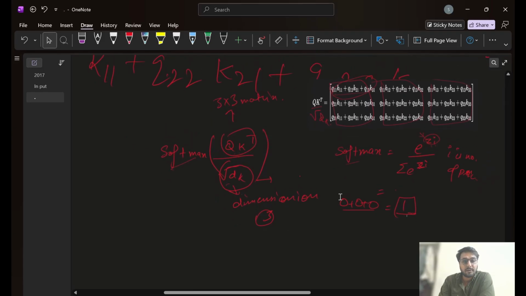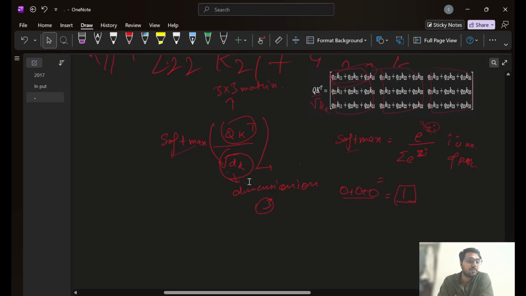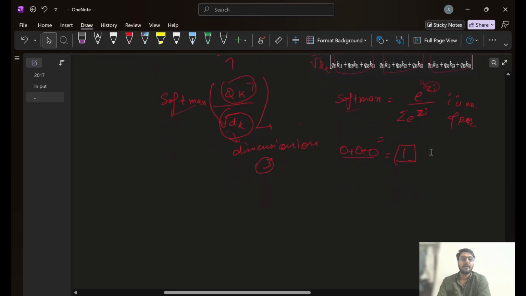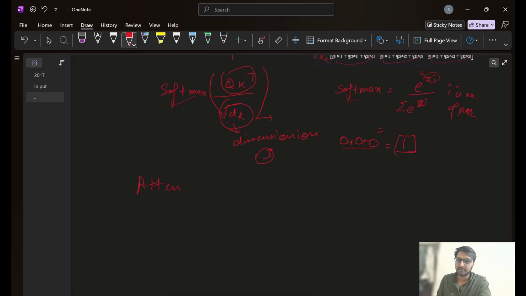So to scale down the values of the dot product, we are dividing query key transpose by root of dk. Now we also understand the softmax function. The final work to get our attention weights is that we need to multiply this by the value matrix.